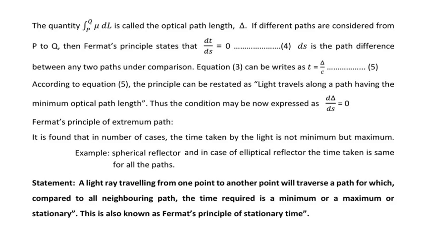Statement: a light ray traveling from one point to another will traverse a path for which, compared to all neighboring paths, the time required is a minimum or a maximum or stationary. This is also known as Fermat's principle of stationary time.